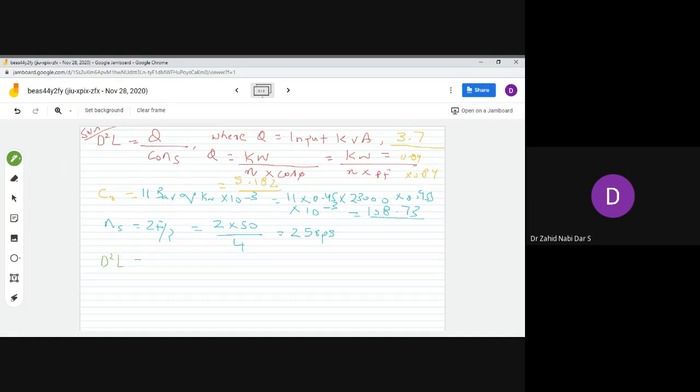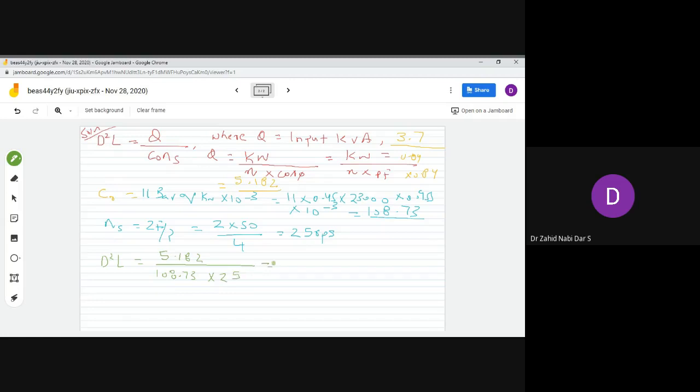D square L Q value you calculated just now, that was around 5.182. C naught also you calculated 108.73, and NS value also, this is 25, in this formula.